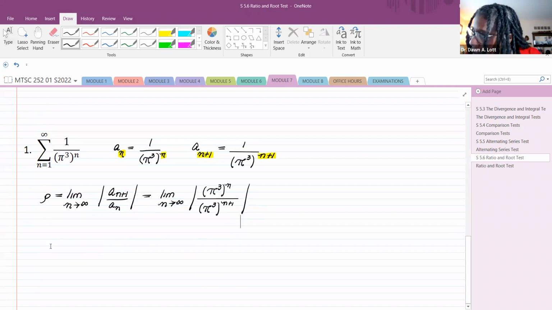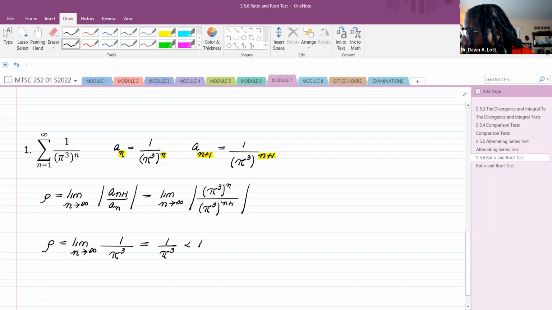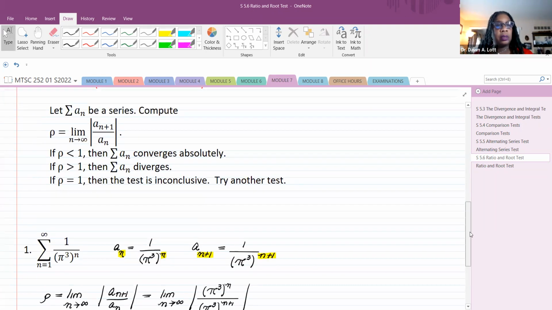So that says rho is the limit as n approaches infinity. And now I can see the pi cubed to the n's are going to cancel, and that's just going to leave me 1 over pi cubed. And that limit as n approaches infinity is 1 over pi cubed. That number is less than 1. All righty, nice and simple, all done.